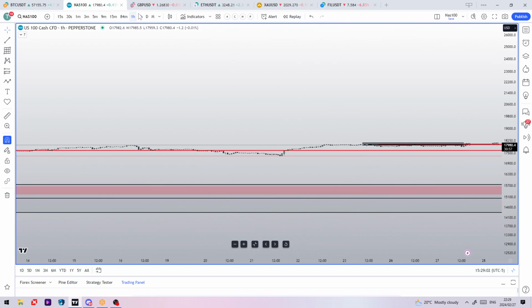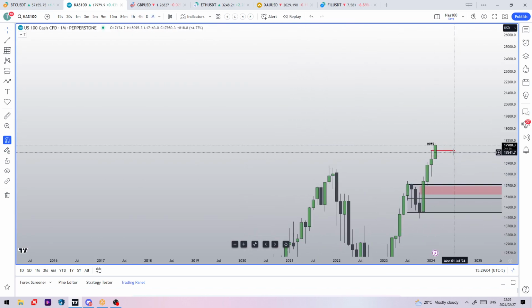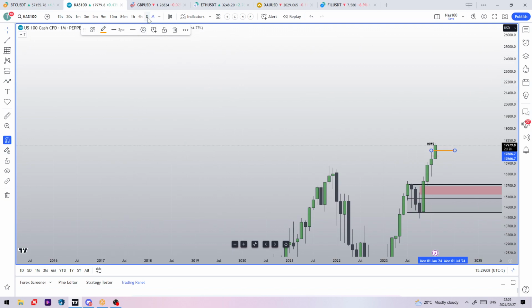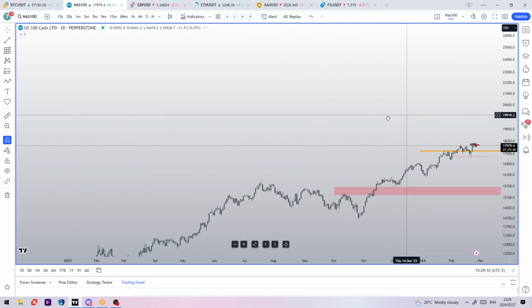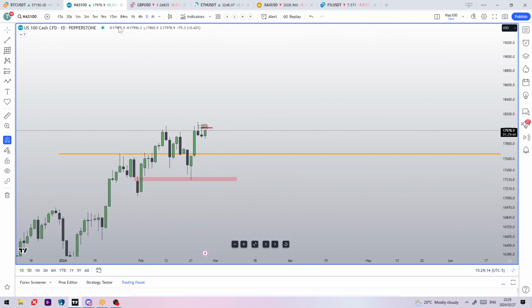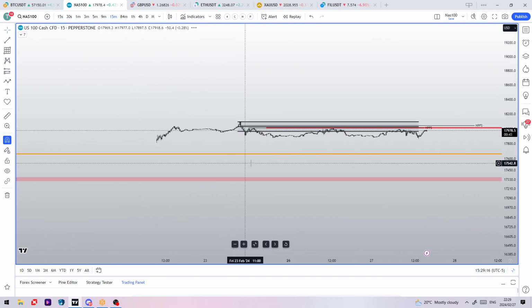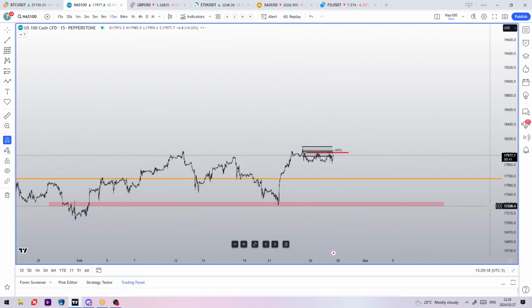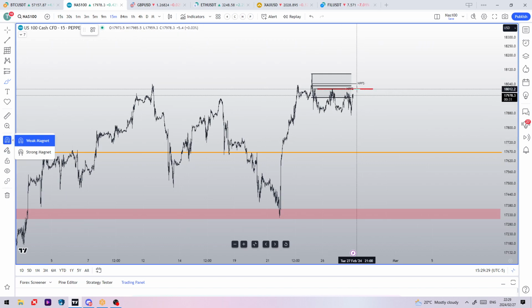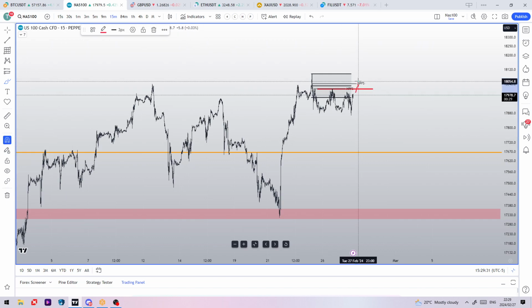How far? Let's make it another color since all of these are pretty messed up. We'll make it orange. So that's pretty wild right now, if you think about it. But it can happen. All we need to do is push up here like this.